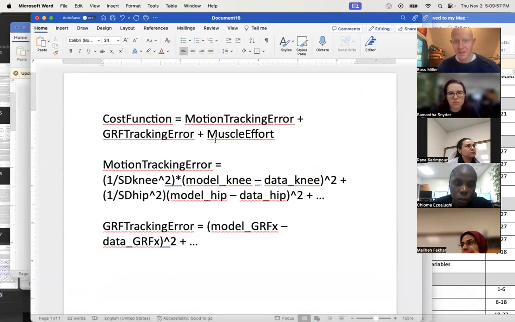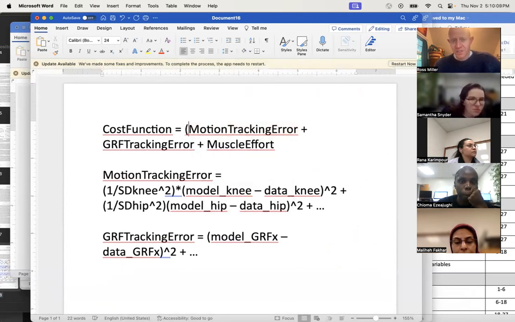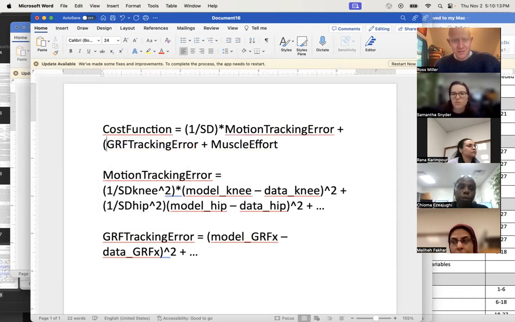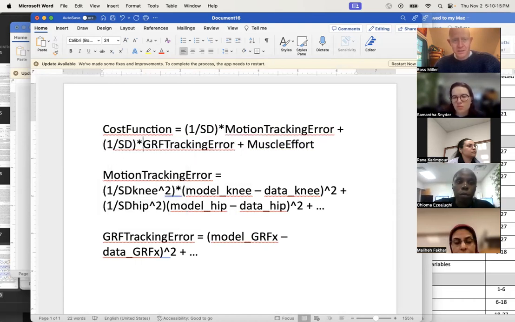You still then have to come up with the weight on this other term there, but if it's a walking simulation, that's where looking at the model's metabolic cost can come in, right? Maybe you weight these variables according to their standard deviations, and then you have to pick this one here, this W3.